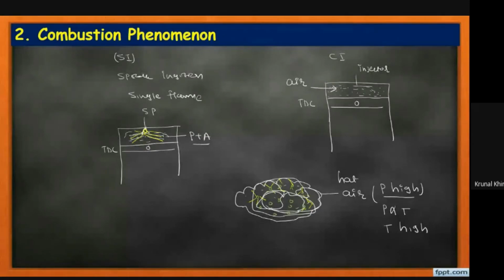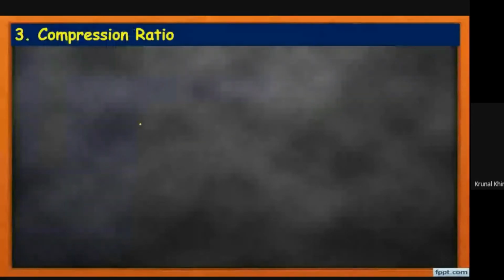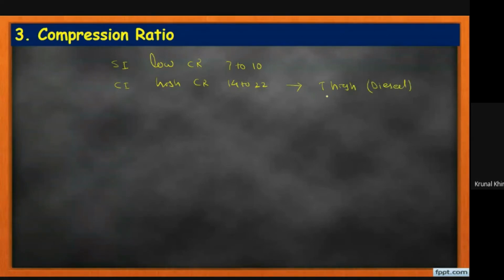Now we are moving to the next point, that is the compression ratio. As we know, in the SI engine there is a low compression ratio, in the range of 7 to 10, whereas in the CI engine there is a high compression ratio, in the range of 14 to 22. Why do we require the higher compression ratio? Because diesel burns at a very high temperature, and to reach a high temperature we have to go for higher pressures.